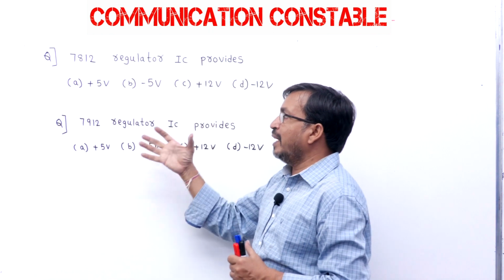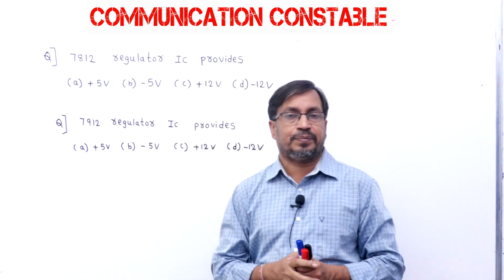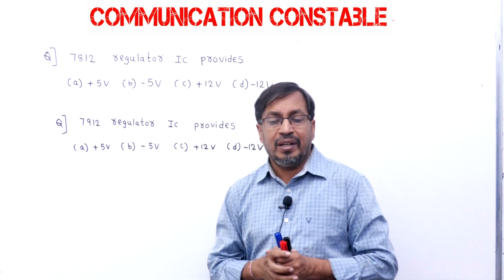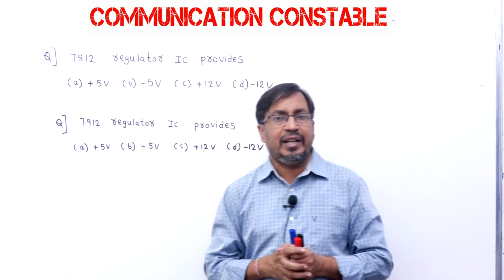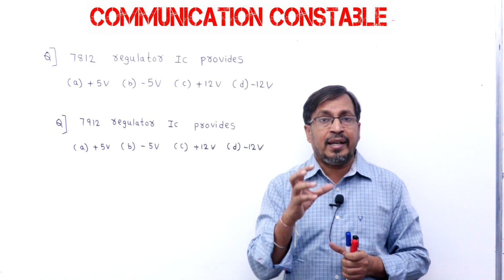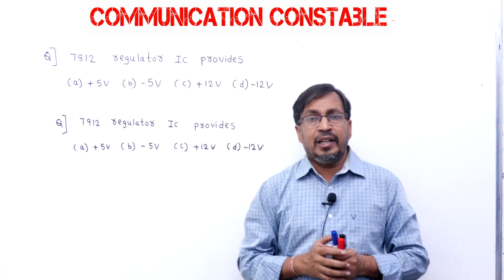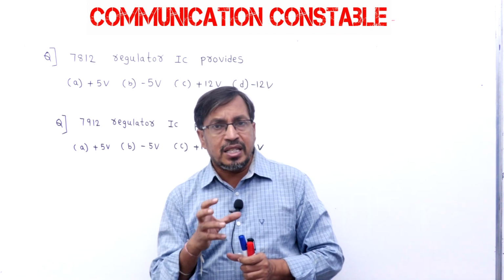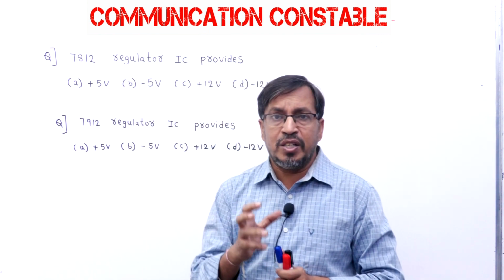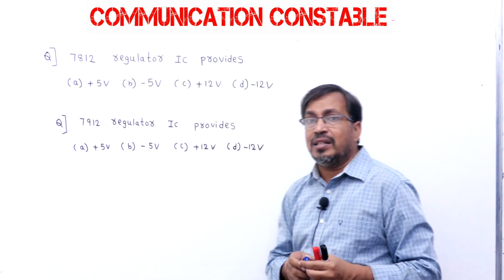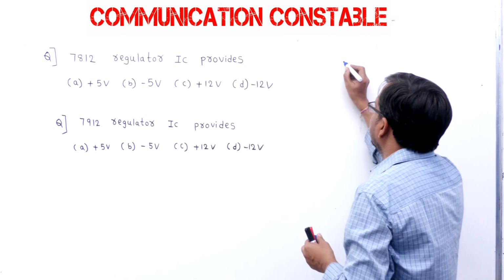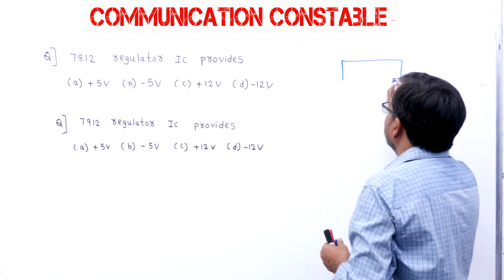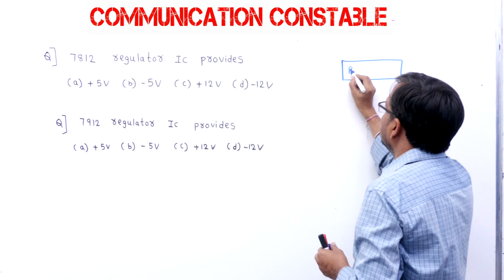7812, 7912 both are IC regulators. Here, what is a regulator? A regulator is a circuit which is used to produce a constant output voltage. So here I am considering this is a regulator circuit box.